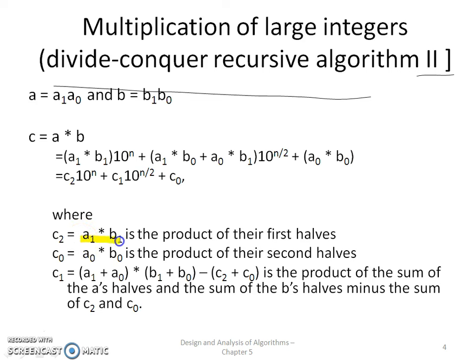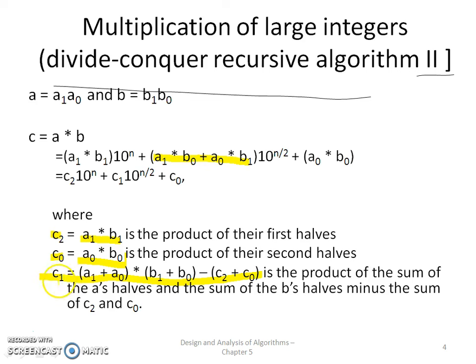The most important part actually comes here, where we are saying C2 is A1 into B1, which is the product of the first half. C0 is A0 into B0, which is the product of the second half. That is self-explanatory. C1 is the most important part. Though C1 actually means A1 into B0 plus A0 into B1, by making use of algebra we have been able to reduce the amount of calculation required and reuse the results of the first two components that we have already solved.